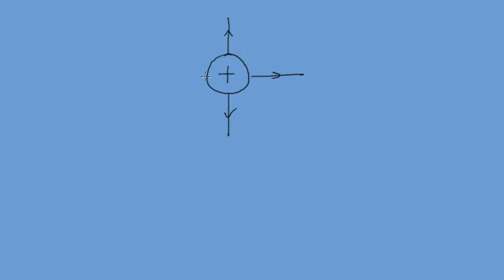So for a positive charge, the direction of the field is away from the charge, because when we think about field lines, we're considering what would be happening to a positively charged particle interacting with this field.